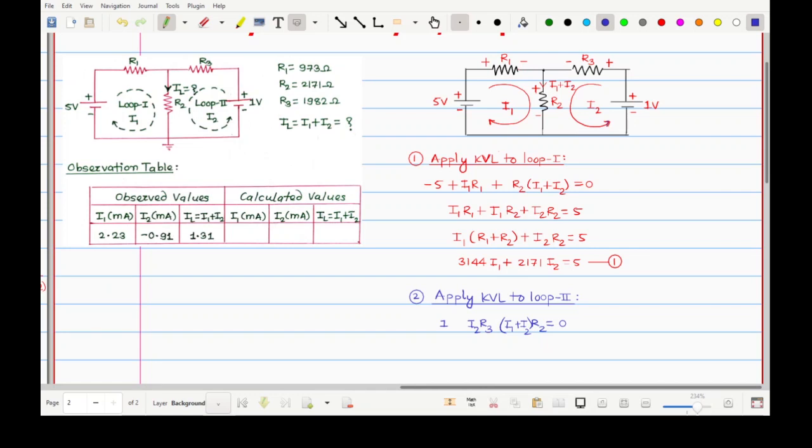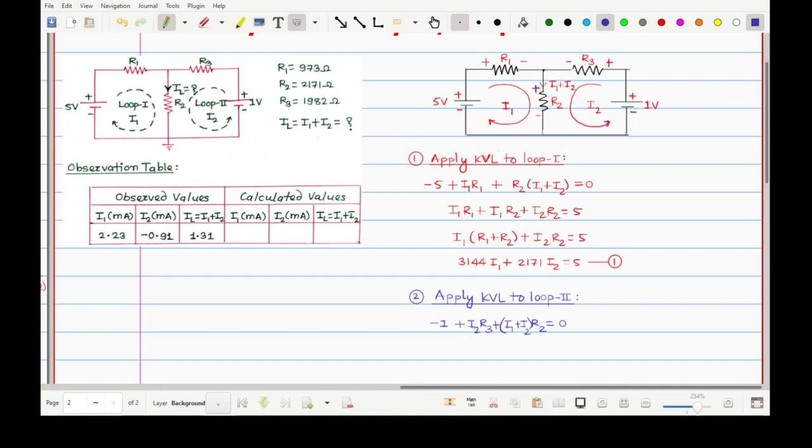I2 current is entering from the negative terminal in this 1 volt, so we will write minus 1 over here. Then through this R3 current is entering from the positive terminal, so we will write positive over here. Through this R2 current is entering from the positive terminal, so again we will write positive over here, and the algebraic sum of all these three terms should be equal to 0.